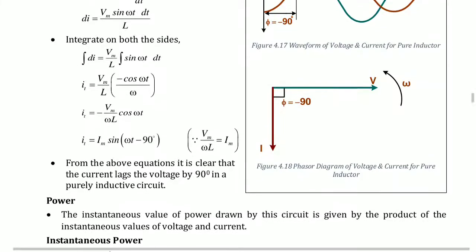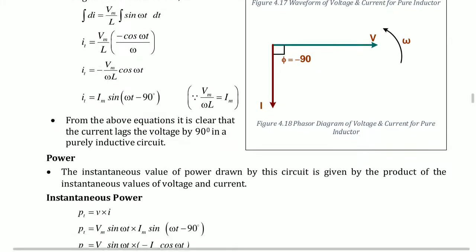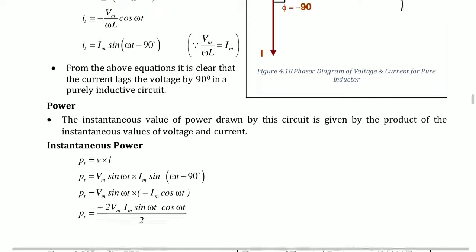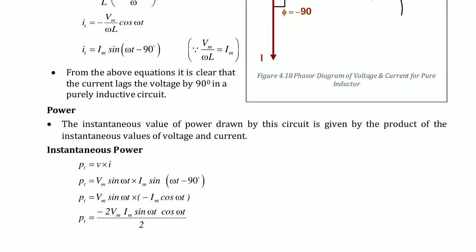Now go for power. What about the power drawn by the pure inductor? What is the formula for power? Instantaneous power is equal to instantaneous voltage into instantaneous current.